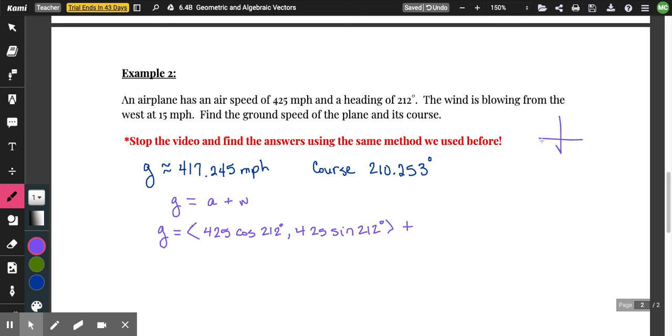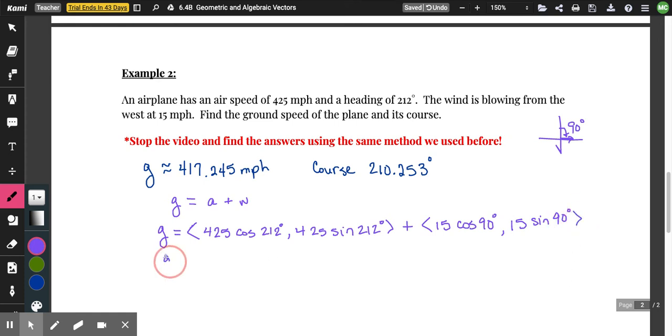So since my rotation was clockwise from north, if the wind is blowing from the west, that means it's blowing toward the east. So that would mean the angle for that one would be 90 degrees, and the magnitude is 15. So what I'm adding to this one would be 15 cosine 90 degrees, and then 15 sine 90 degrees.